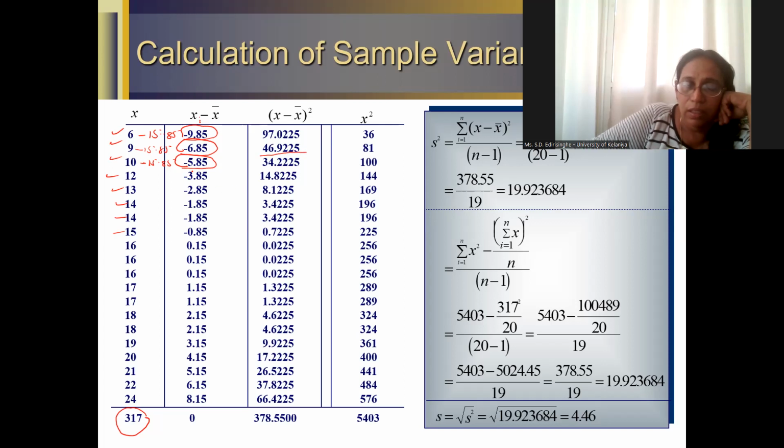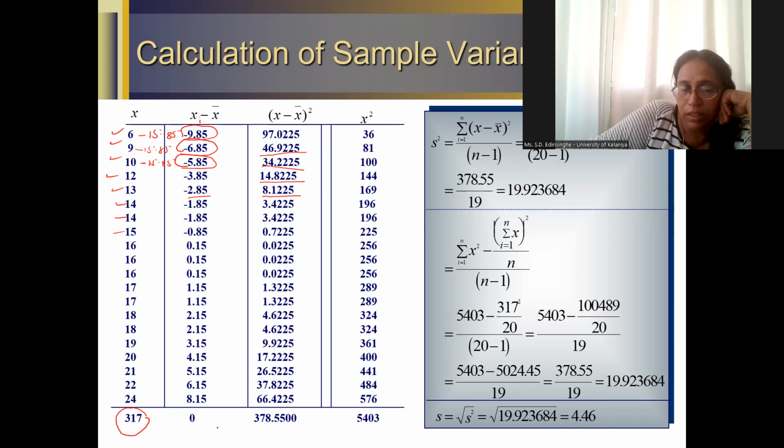Third value minus 5.85, the squared value here is 34.2225. Minus 3.85, the squared value is 14.8225. Minus 2.85, the squared value is 8.1225. Likewise, you can find the rest of the figures.